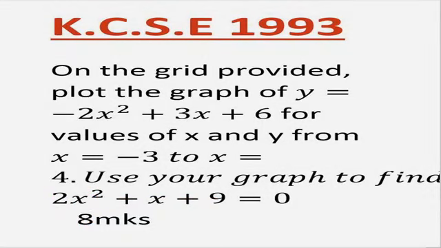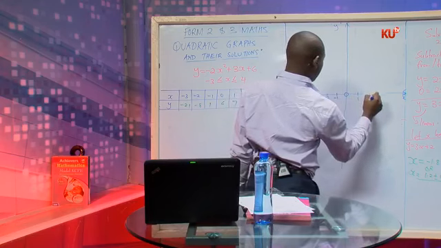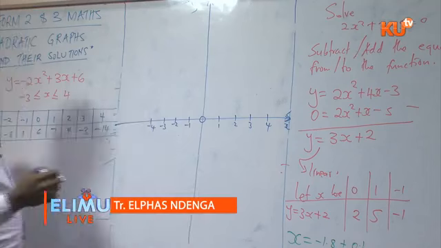So we will draw this. This is y, this is x, 0, -1, -2, -3, -4, 1, 2, 3, 4.